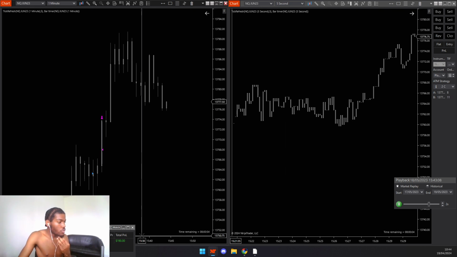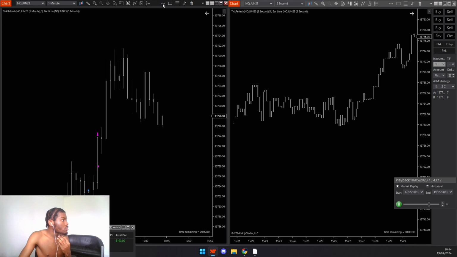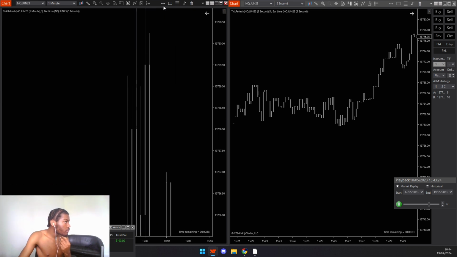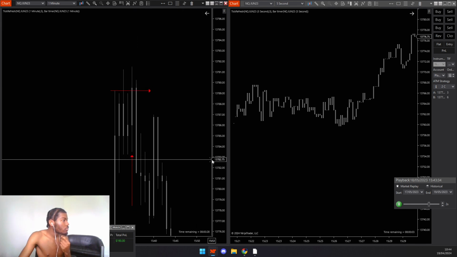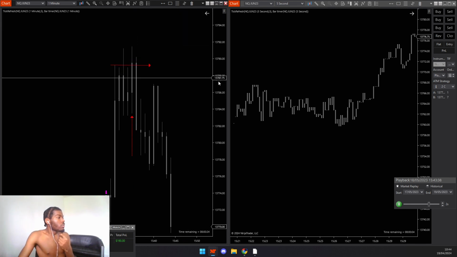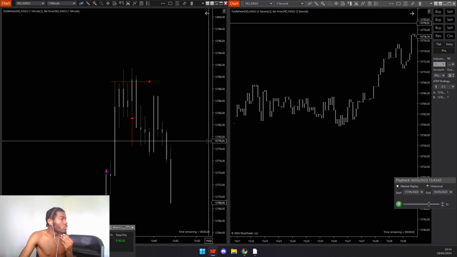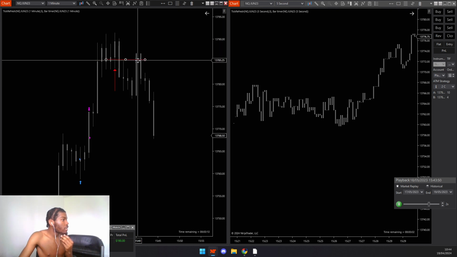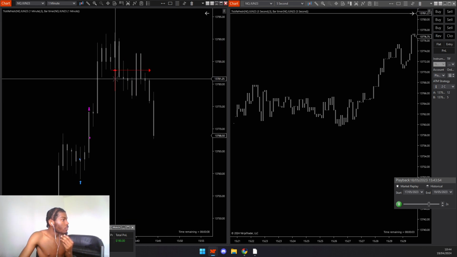So I'd like to show you this as well. So you see how this low put in a new high? We have a body closure here. Now we see a violation of that low here with this candle.